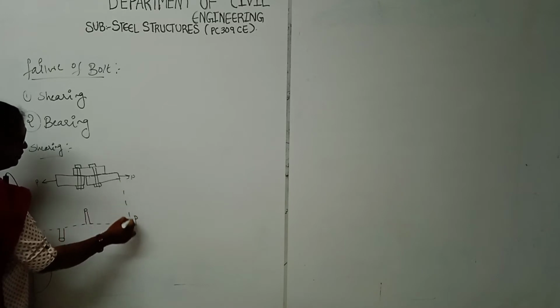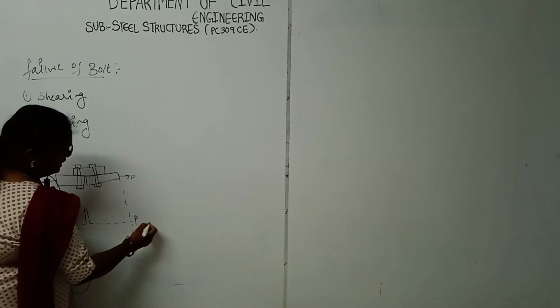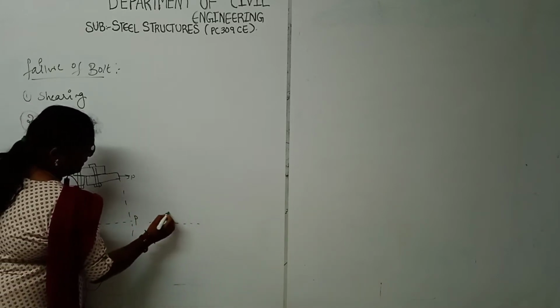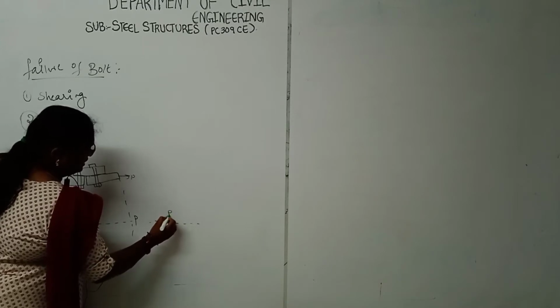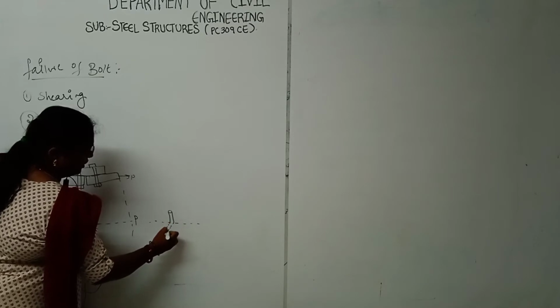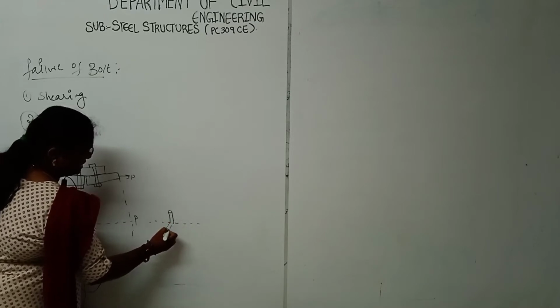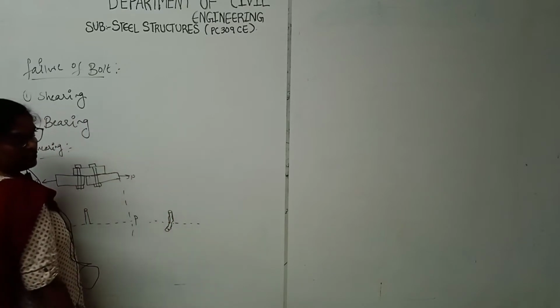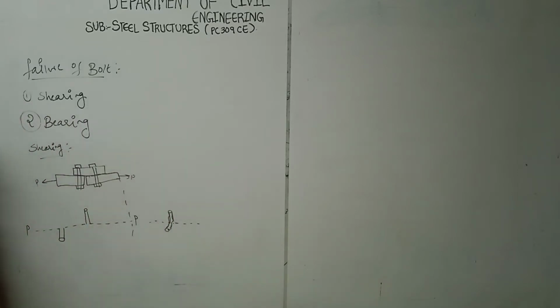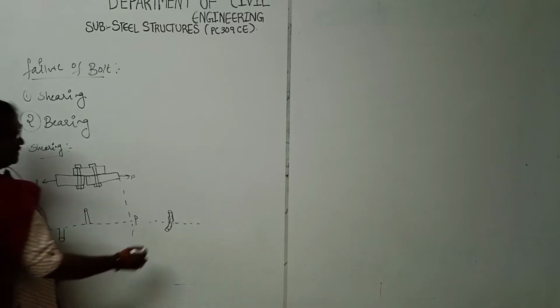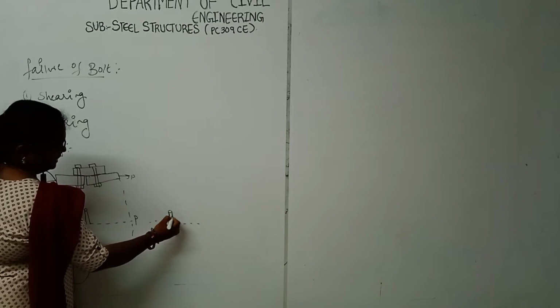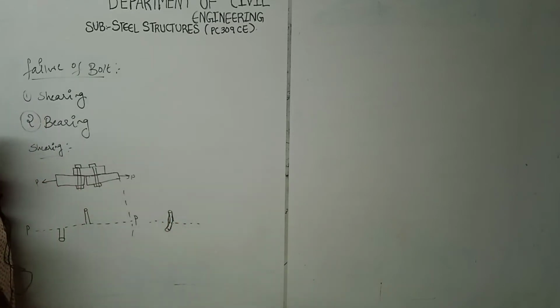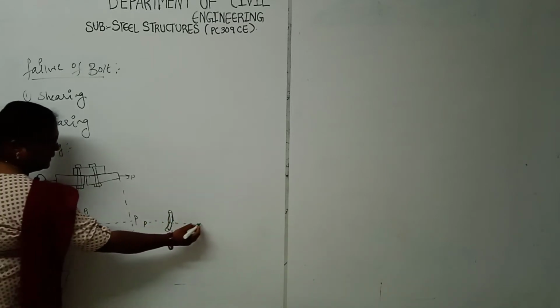Then what about the bearing? In bearing, what happens? The bolt will change its shape elastically. It will not cut into pieces. It will change its original shape. That is nothing but the bearing.